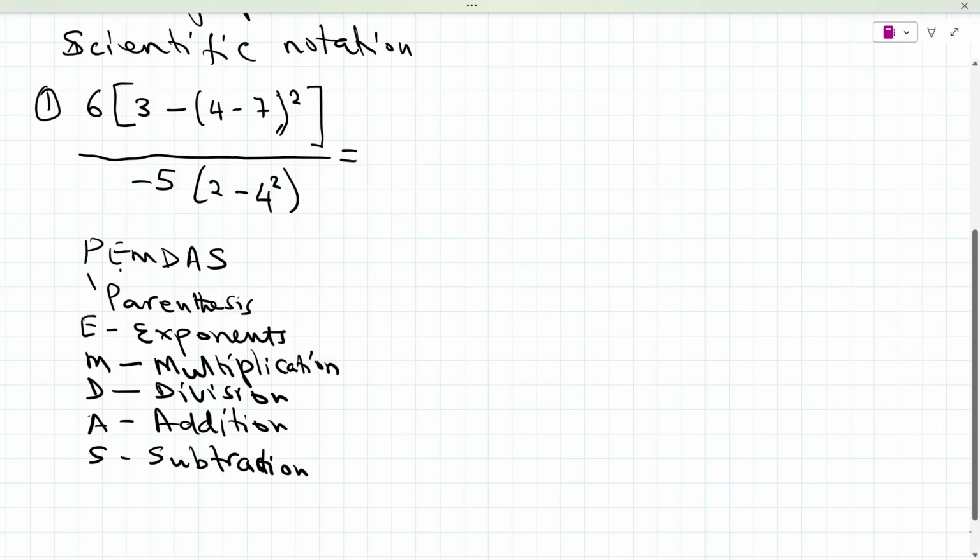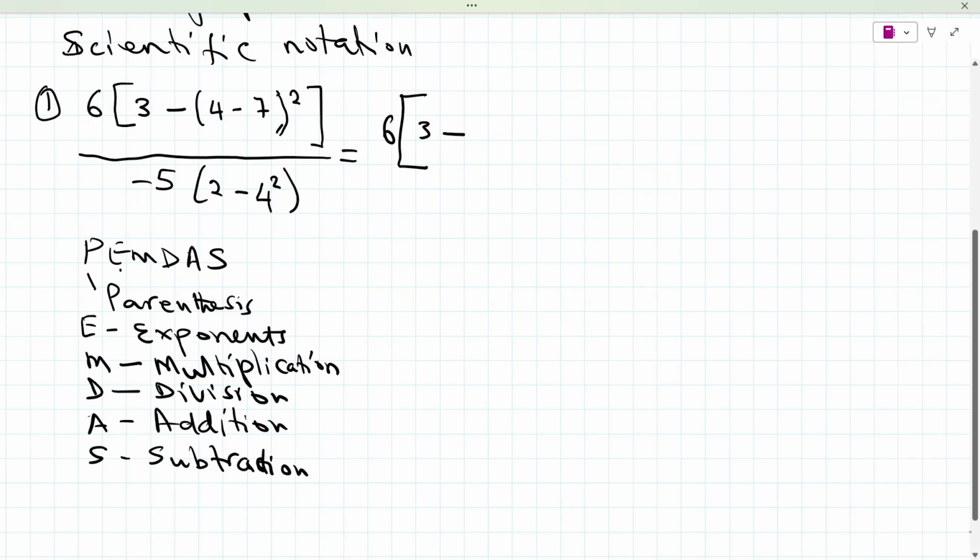So, we will start off, of course, with the parenthesis. We will write this expression as 6 times 3 minus what is in this parenthesis squared. So 4 minus 7 will be minus 3.